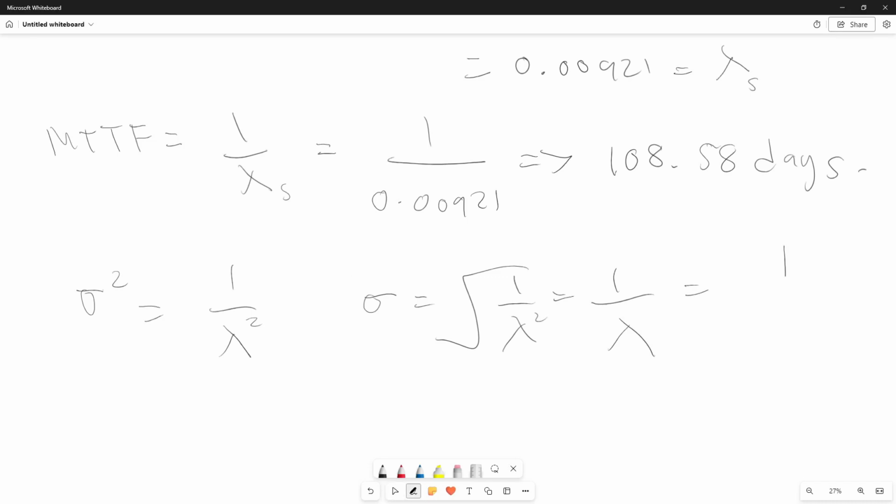So for this case, the standard deviation sigma is the same thing as the mean time to failure. So 1 over lambda s is 1 over 0.00921, and this gives us the same thing, 108.58 days.